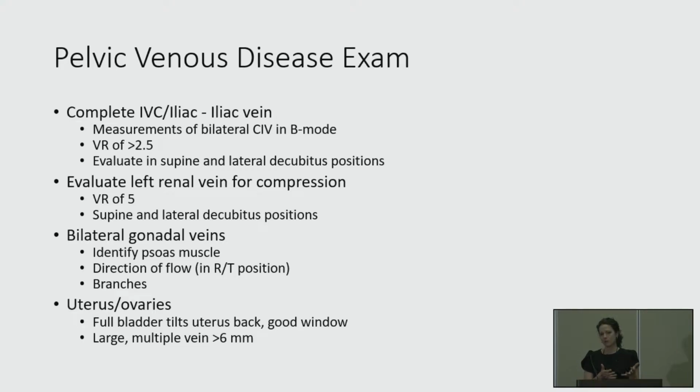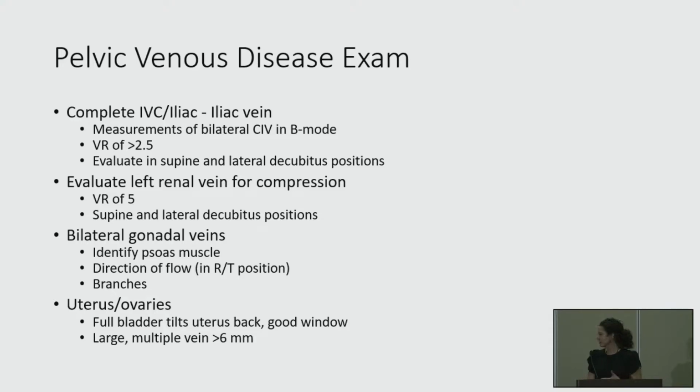You can have the patient supine, but tilting them adds the pressure, particularly on the valves in the gonadal vein, so it can go from antegrade on supine to retrograde in a reverse Trendelenburg. Standing is another option. It's just a little harder to do for the same reason that everything shifts down. Bowel gas shifts in that way as well. So reverse Trendelenburg has been key to identifying that.